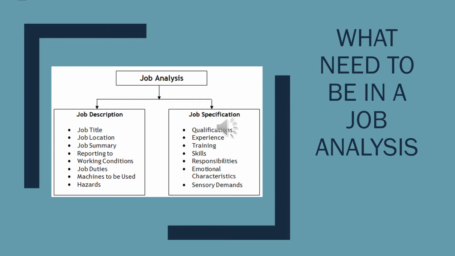The other part is the job specification: qualification, experience, training, skills, responsibilities, emotional characteristics, and sensory demands that the person interested in the job needs to accomplish to get it.